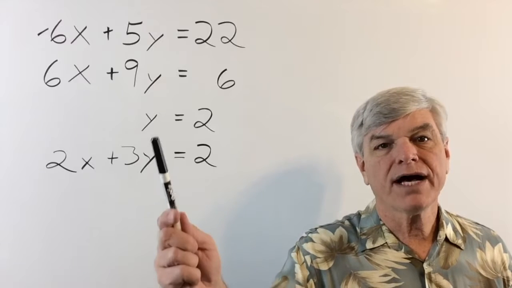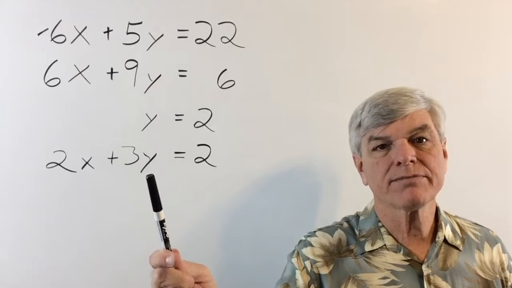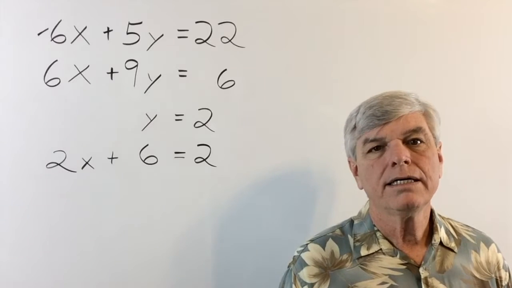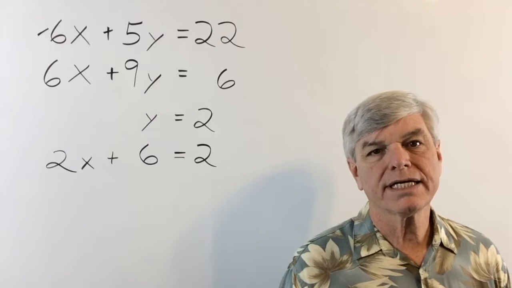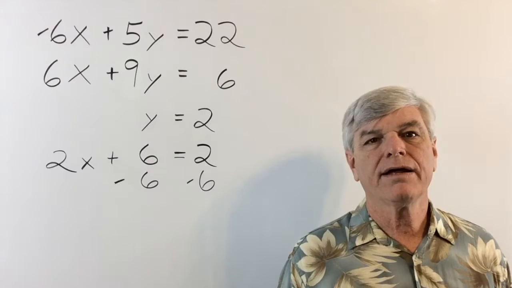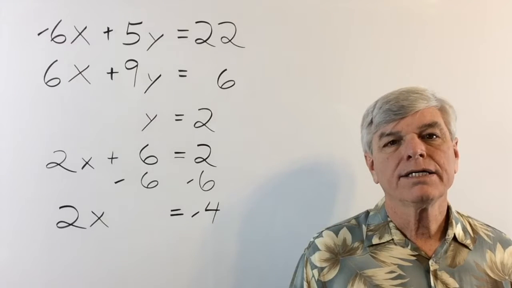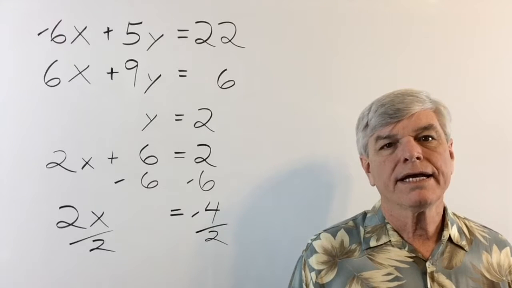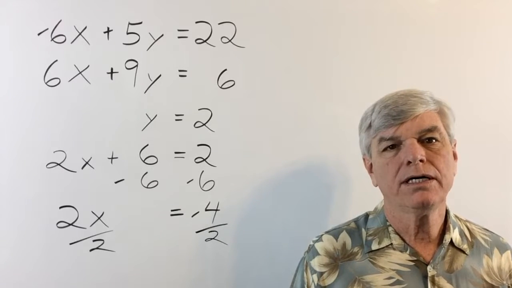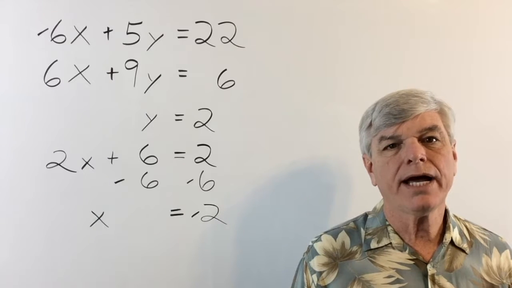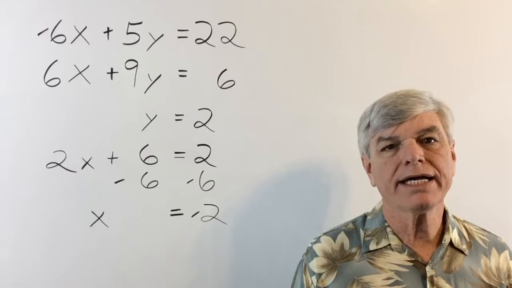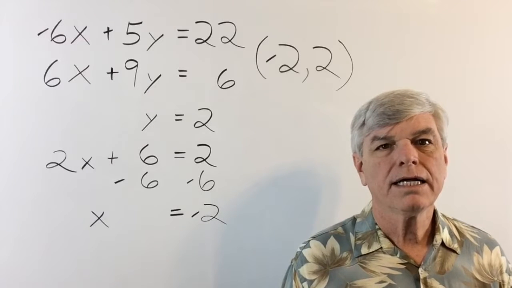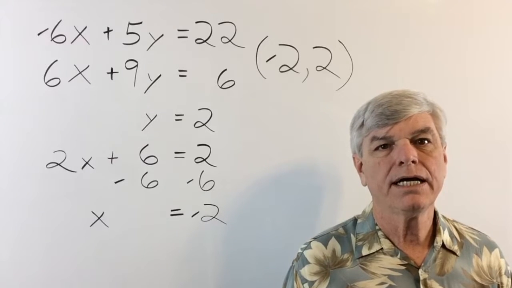And so we know the value of y, it's 2, so we're going to substitute it in there. 3 times 2 is 6, so let's get that 6 on the other side. Bring all that down. 2x equals negative 4. Let's isolate that x. There we go, and negative 4 over 2 is negative 2, and x equals negative 2, y equals 2. And our point of intersection is negative 2, 2.